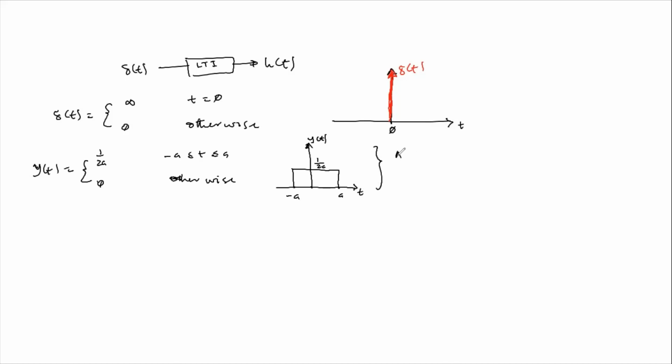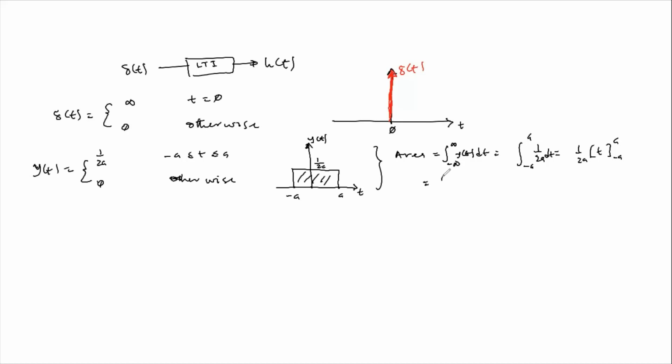Now, if we estimate the area under this graph, we take the integral from negative infinity to infinity of y of t dt. So the limits here are minus a to a. So we have the integral from minus a to a of 1 over 2a dt, which is t over 2a from minus a to a.